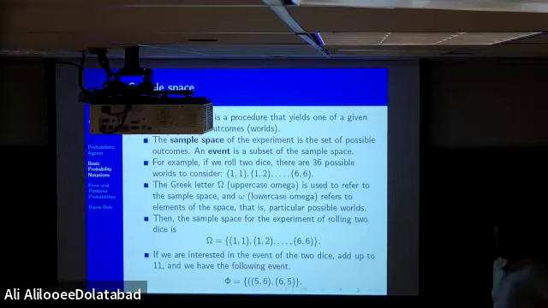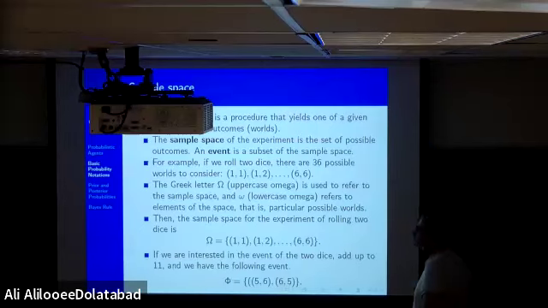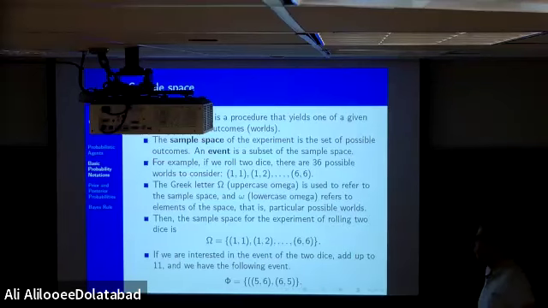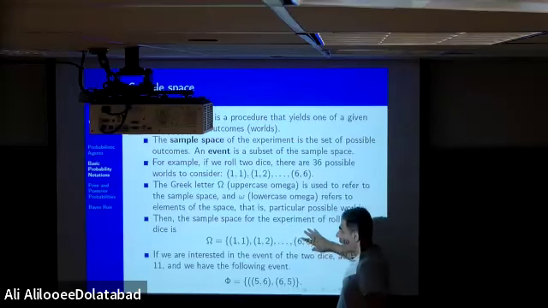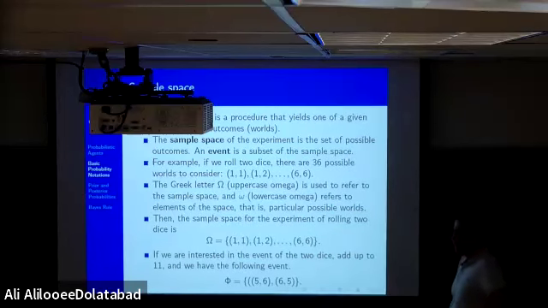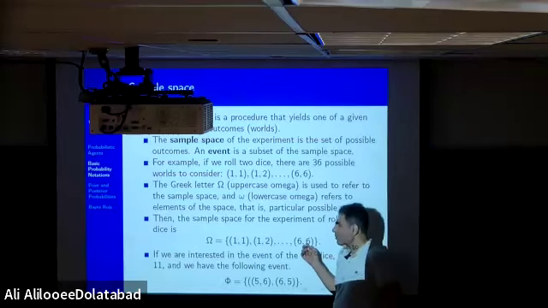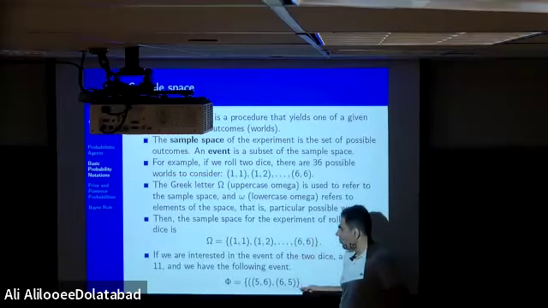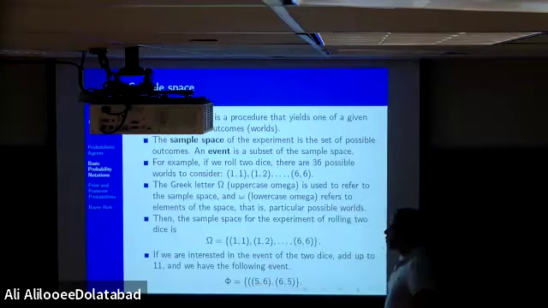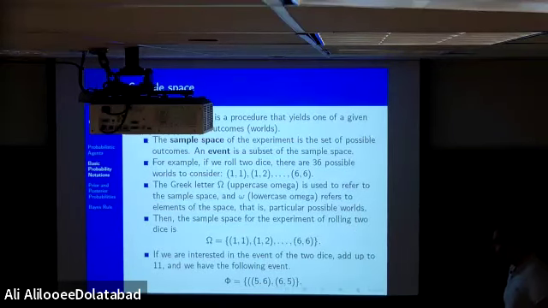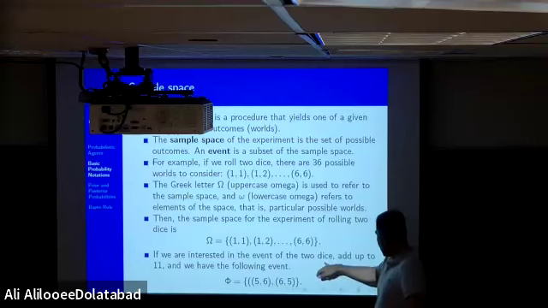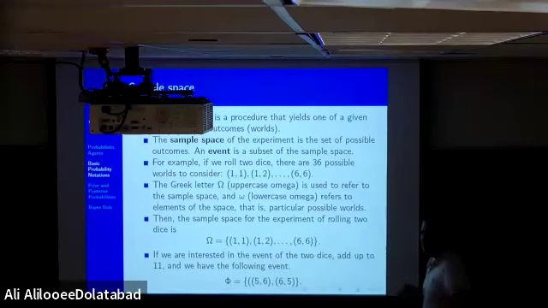After defining the sample space, we can define the concept of an event. An event is any subset of the sample space. When you have a sample space and you choose one subset of it, you define an event. For example, here we have the sample space omega, and then you can define an event phi which contains just 2 elements. These 2 elements are the cases where the 2 dice add up to a given number.